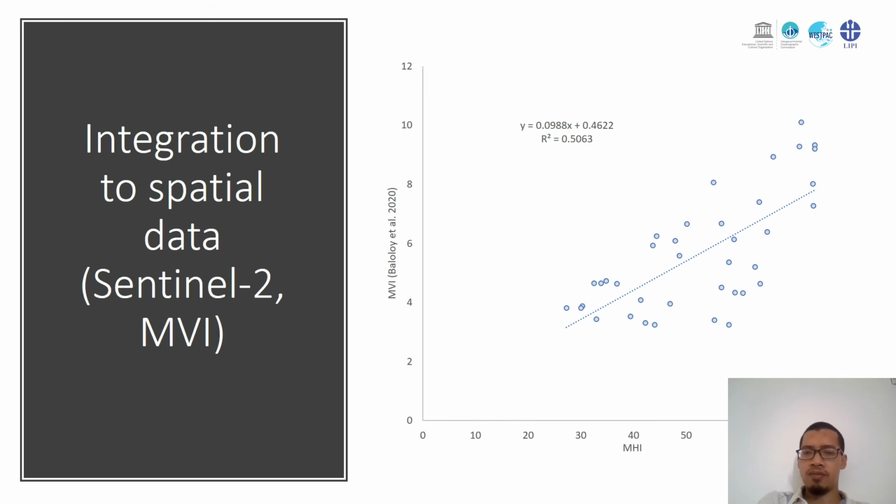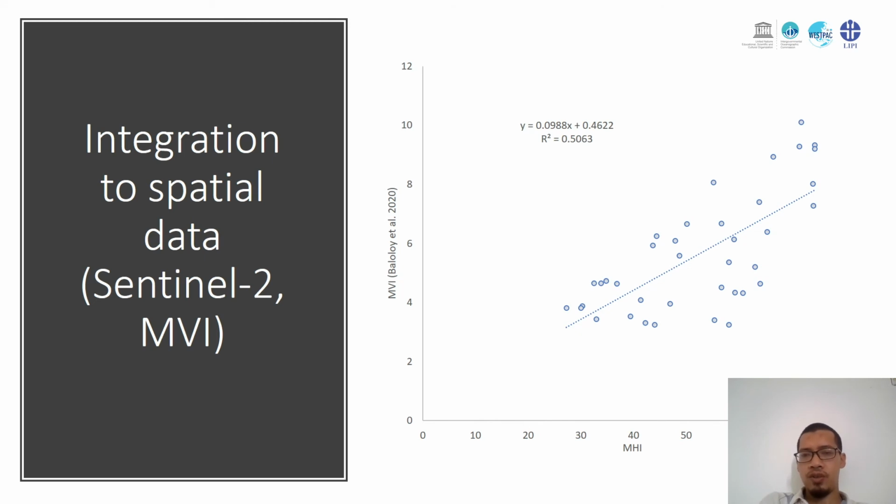We can create a formula from that regression analysis, and here we found the R squared of the formula is 0.5, which we could say is reasonably good.